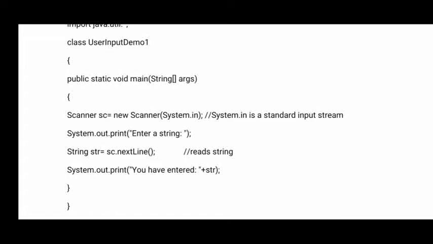Okay, so this is about the Scanner class. Scanner is more useful when you take a large number of values, like when you are using an array; then the Scanner class is very easy compared to the buffer. Okay, next we'll continue with the buffer.